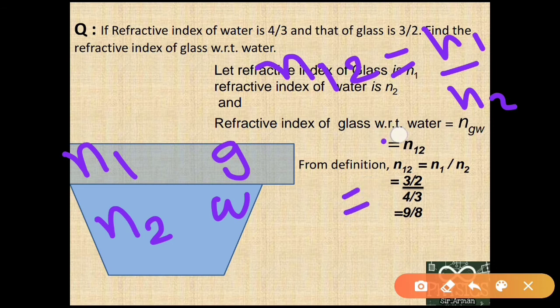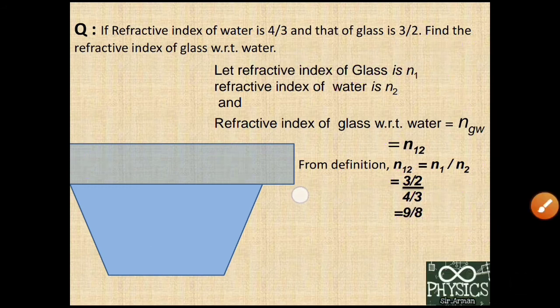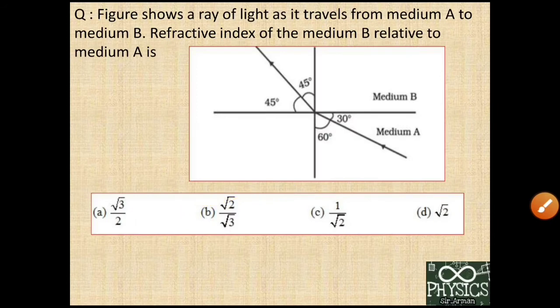Now eta 1 you have considered as 3 by 2 and eta 2 as 4 by 3, right? In that case also you will get the same answer. If your considerations are changed, don't worry. You will always get the correct answer if you know the correct method and the concept. So don't worry about that.